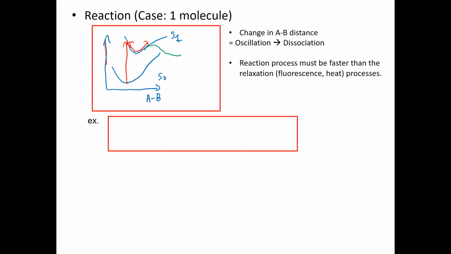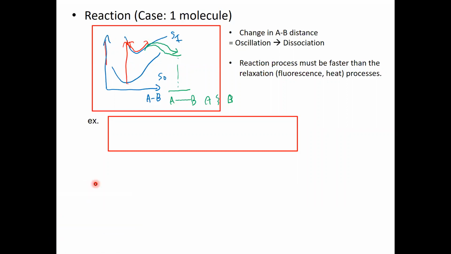In this case, if the vibrational oscillation energy is high enough, it could escape toward this way, which means the A-B distance is getting long, and finally A and B are dissociated. That's a dissociation reaction, the bond dissociation origin, right?